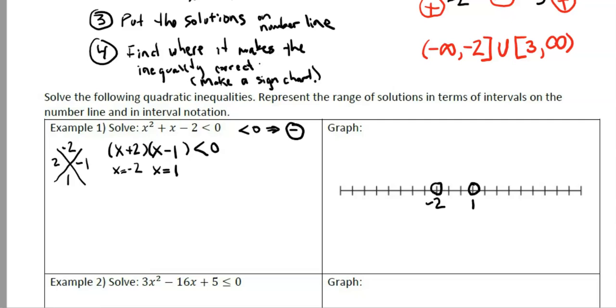Now we make our sign chart. So if we consider that -2 is like our 0 point, to the left of -2 would be negative, and to the right would be positive for both of those spaces. And then if we consider 1 would be our 0 point, then to the left of that would be negative, and to the right would be positive.